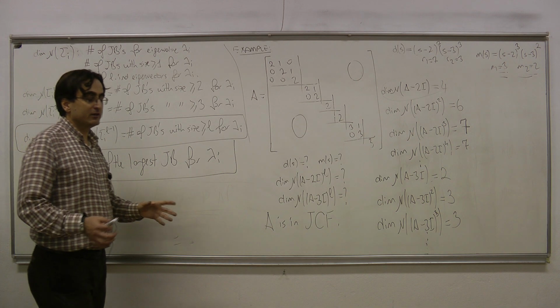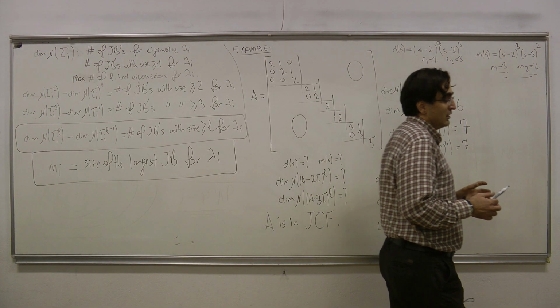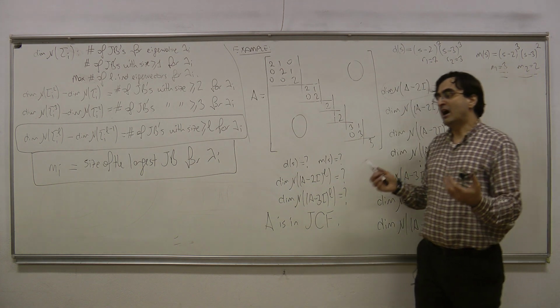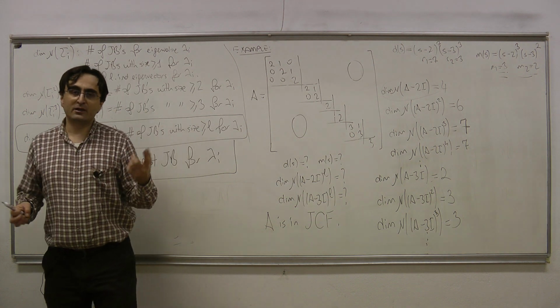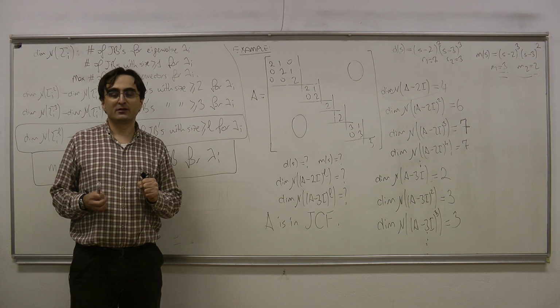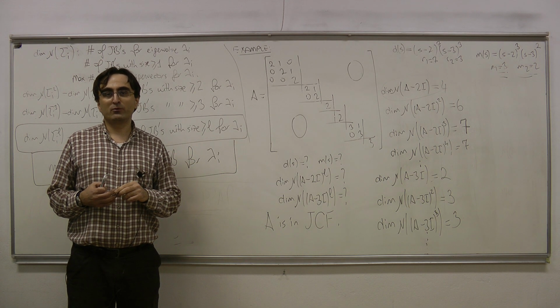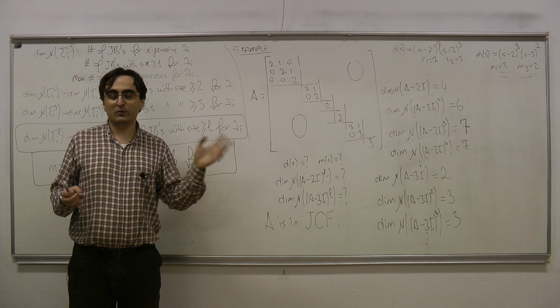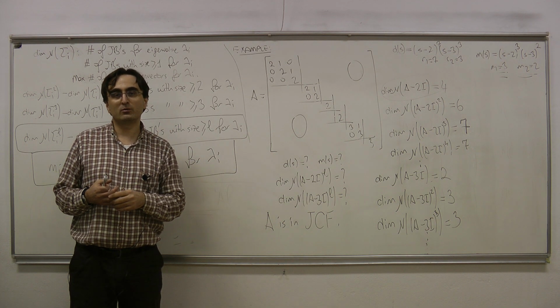So diagonalizability is fundamentally related to the minimal polynomial of the matrix, or more like the powers in the minimal polynomial of the matrix. Remember the distinct eigenvalue case. In the distinct eigenvalue case, d of s is equal to m of s, and all of the multiplicities in the minimal polynomial and the characteristic polynomial are 1.